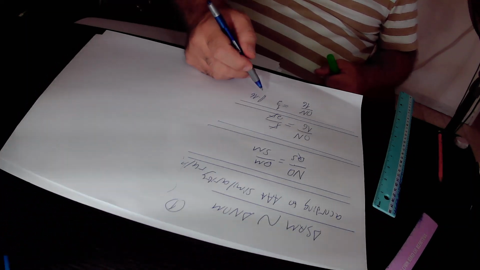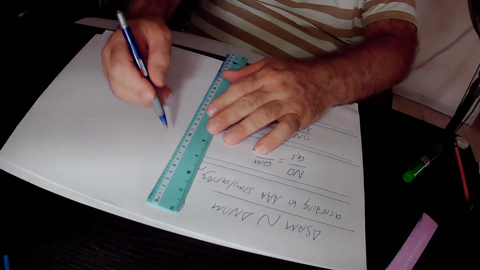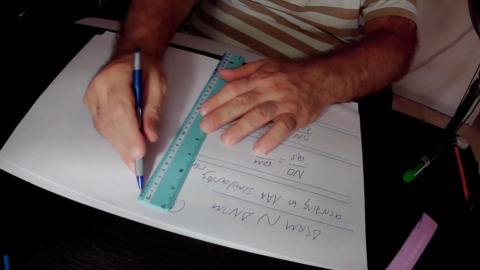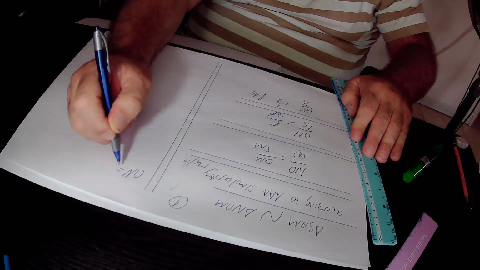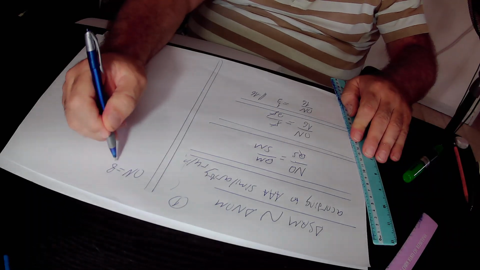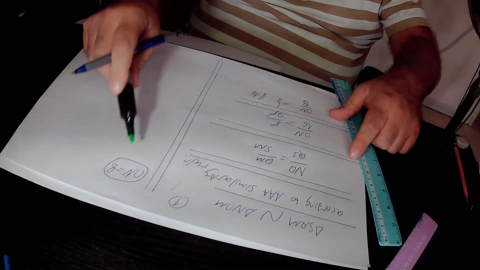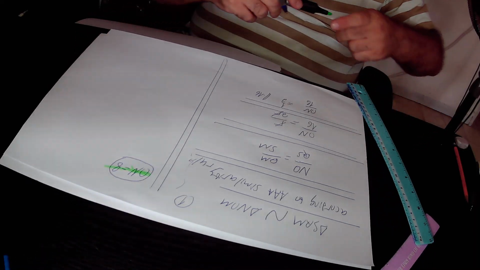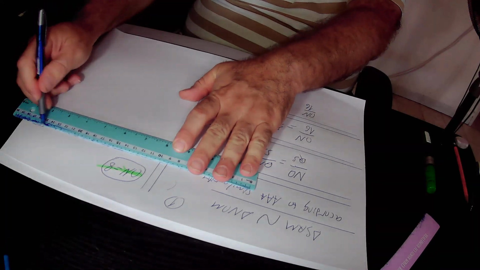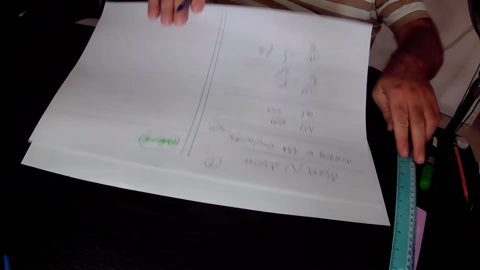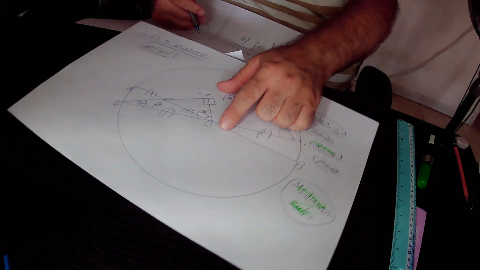And finally we get that the missing side ON is equal to 16 over 2, that is 8. So the missing side ON is equal to 8 units in its length.